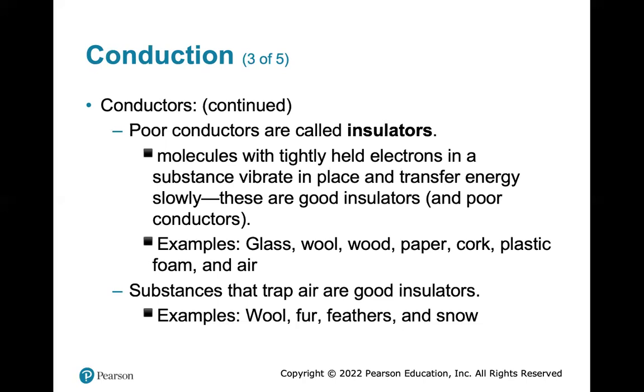The older type have very thick fabric. Substances that trap air are good insulators. Examples: wood, fur, feathers, and snow. That would go into the thick cloth oven mitts. They trap air, so they're good insulators.